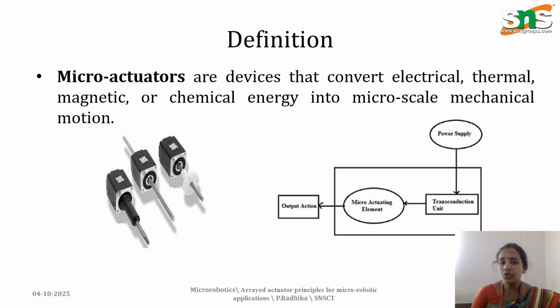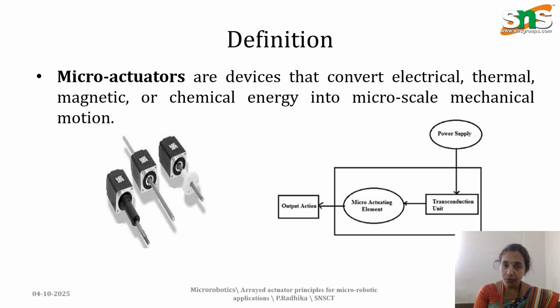Usually the electrical energy is converted into mechanical energy in the case of micro actuators. For example, I have a robotic setup. An object is there, and the object has been sensed by the robot.